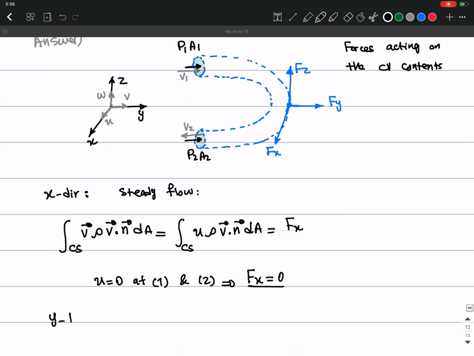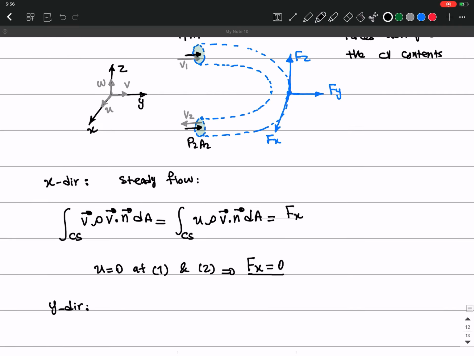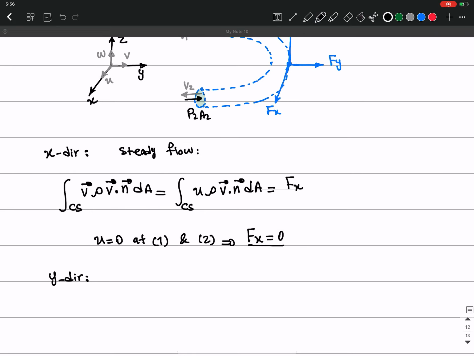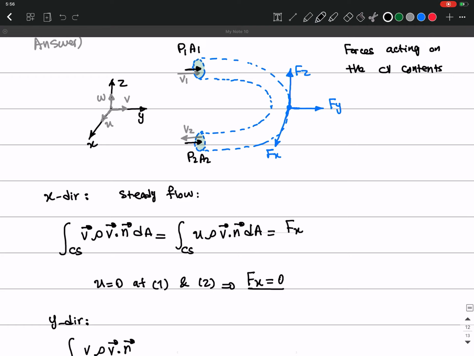And then the y direction. In the y direction, we have again the integral over the control surface, and now instead of a u, I should write down v here. So v rho V dot n. Remember, this V is the whole velocity vector. So this velocity vector is u i plus v j plus w k.